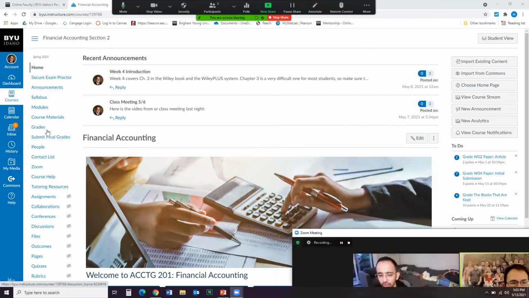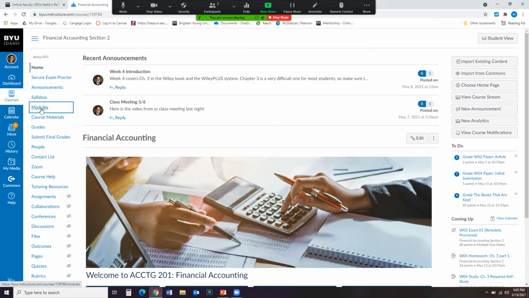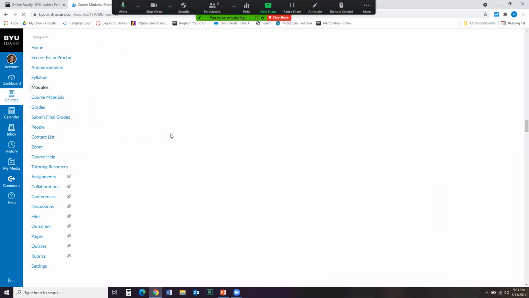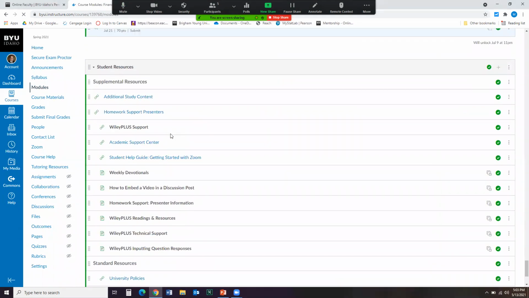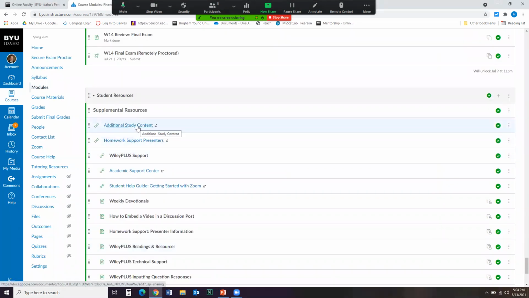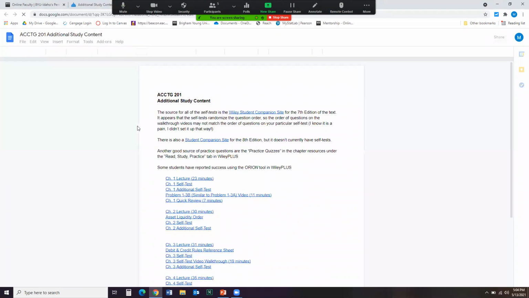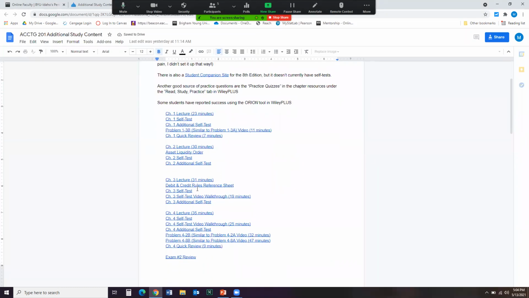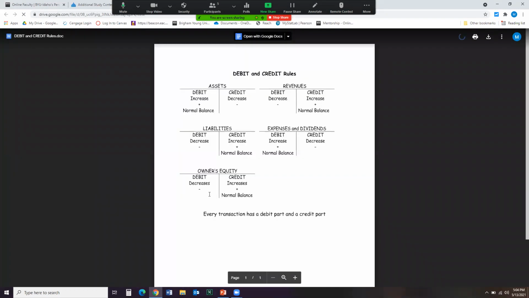If we click on modules and then scroll all the way down to where there's the additional study content, this debit and credit rules reference sheet is a tool a lot of people find really helpful because it just summarizes all of those rules about debits and credits that we're going to talk about a little bit more here in a minute.